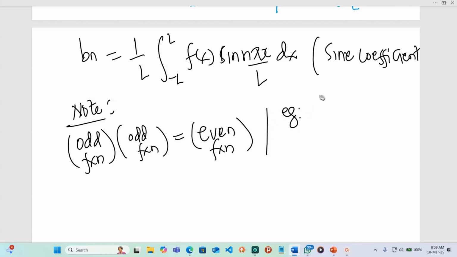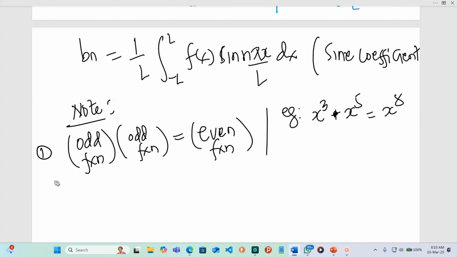Let's look at an example: x to power 3 times x to power 5. This is an odd function, and this is an odd function. This is going to equal x to power 8. So you can see that an odd function times an odd function gives an even function. This property is going to help us in calculating these coefficients.